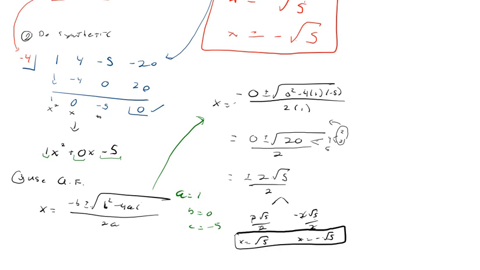Another little trick here: I could have said x squared minus 5 is my equation. What if that equals 0? If I add 5 to both sides, look at this little trick here. Add 5, add 5. x squared equals 5.